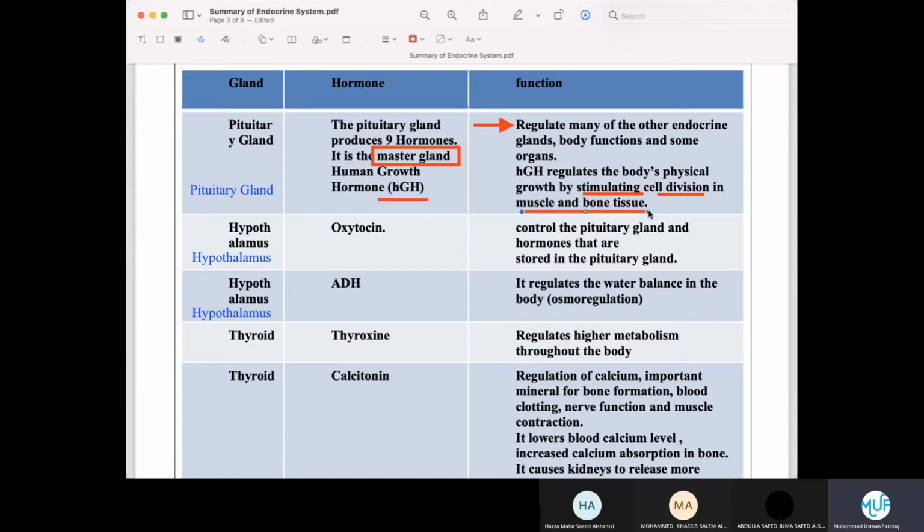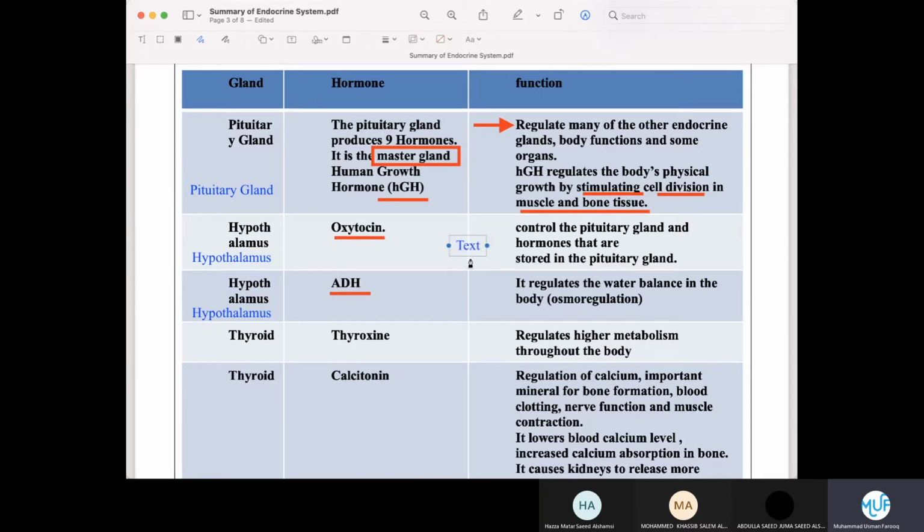Then we will go further. The hypothalamus releases oxytocin, which is a very important hormone. Mainly it is responsible in the female during lactation. The hypothalamus also controls ADH, and ADH is antidiuretic hormone.